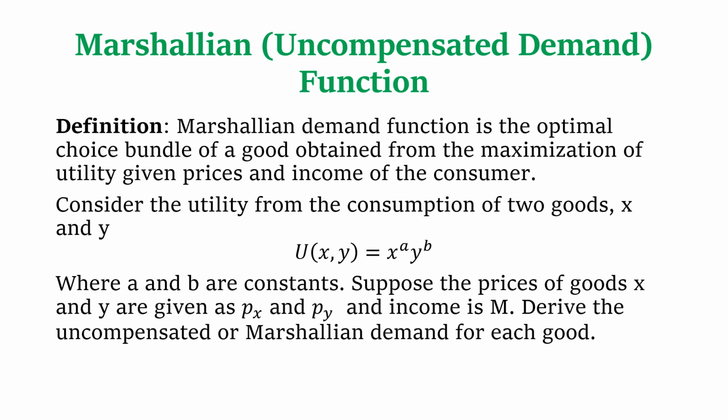So what we do here is we try to set up the consumer's problem. And the consumer's problem is what? To maximize utility subject to his limited income. So the constraint here is the budget.